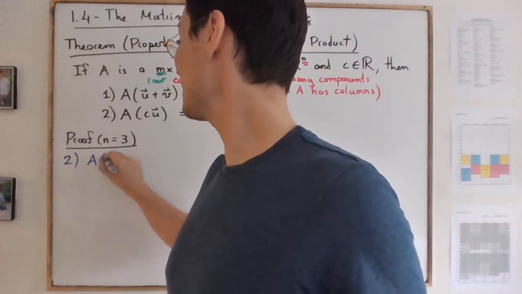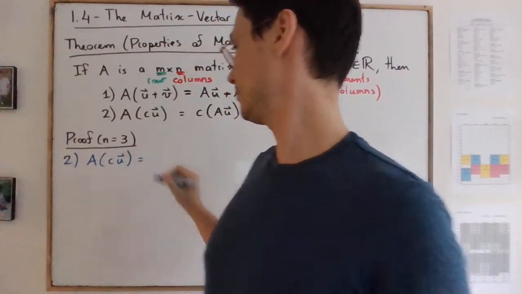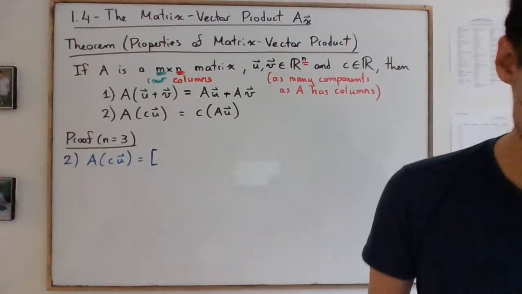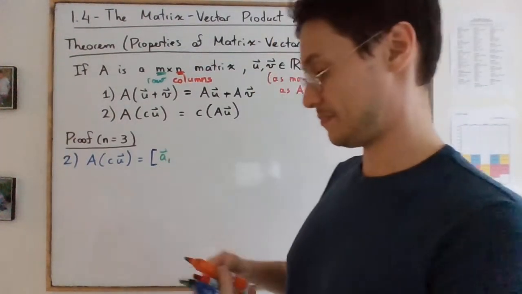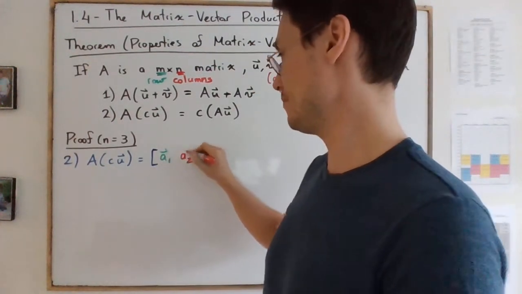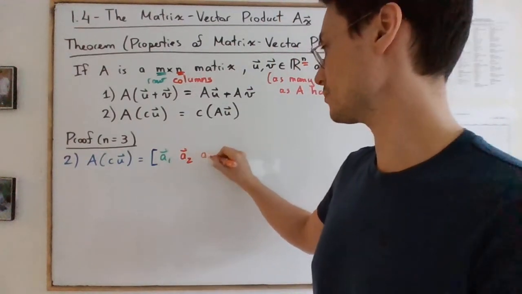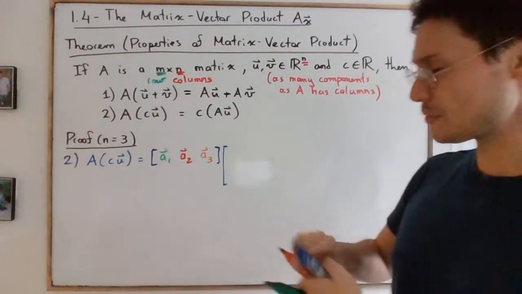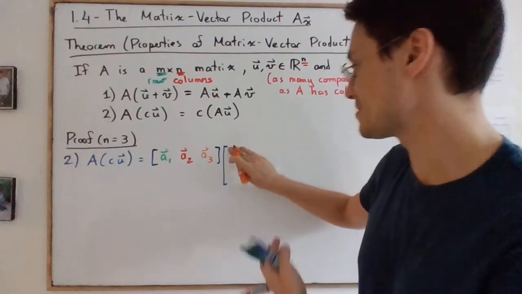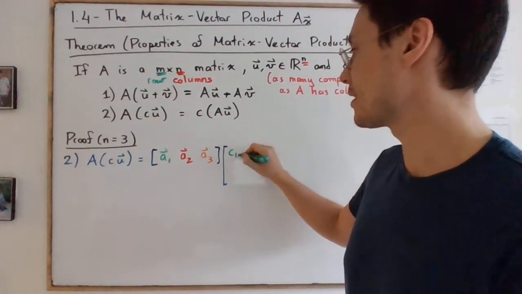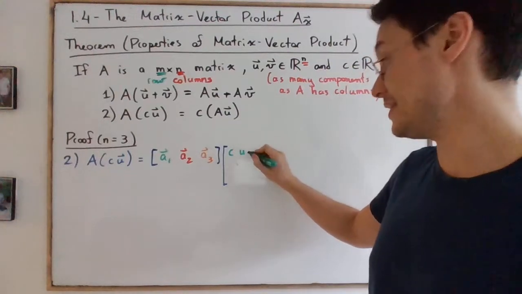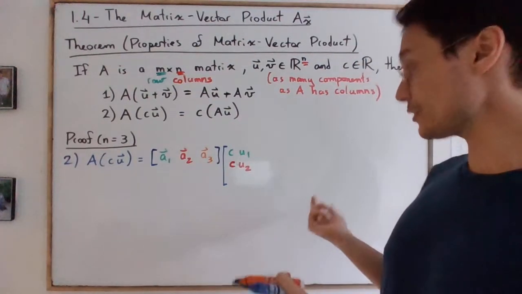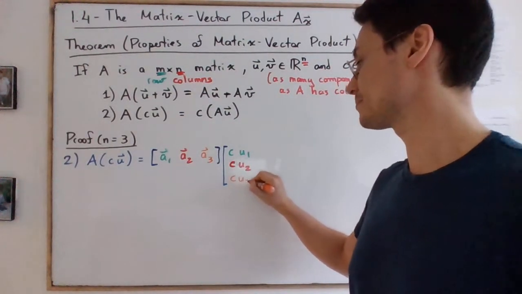The idea is exactly the same. We know that A is going to be written as a matrix with a1, a2, and a3. But then we also know that the components of cu are going to be cu1, then the second component cu2, and the third component cu3.